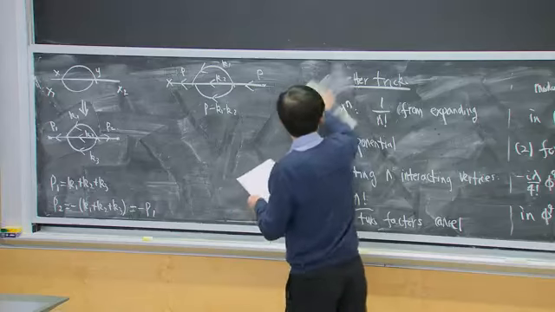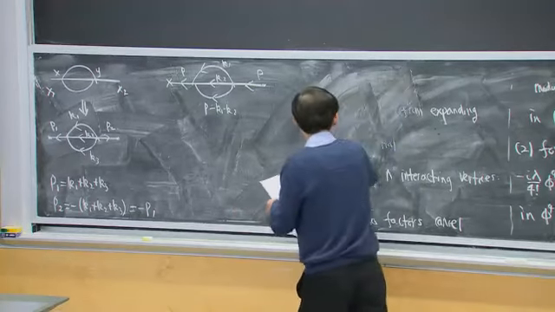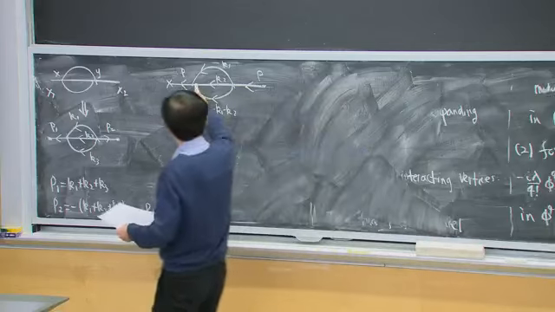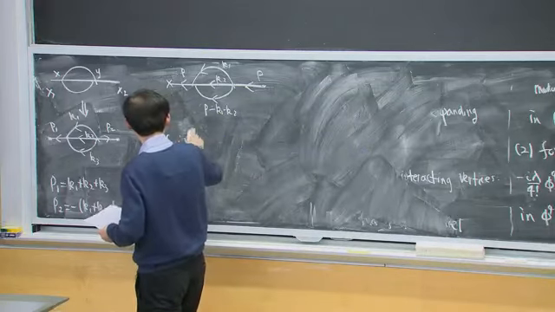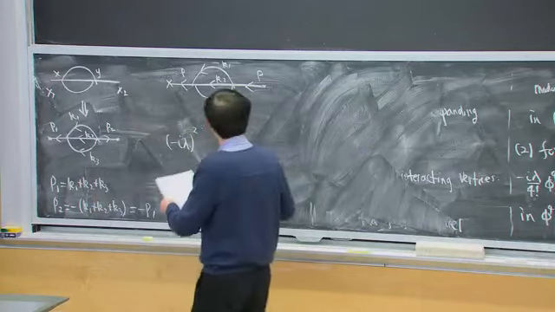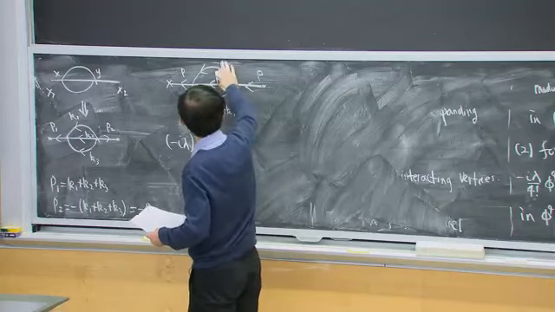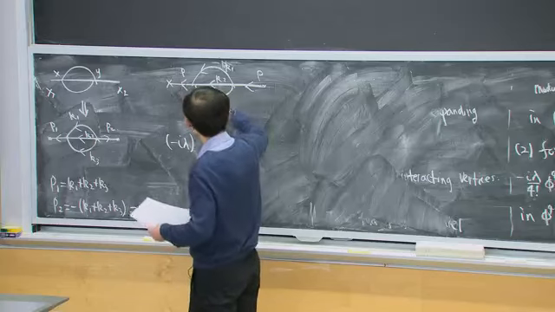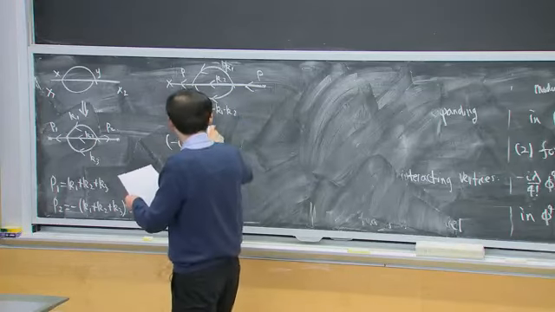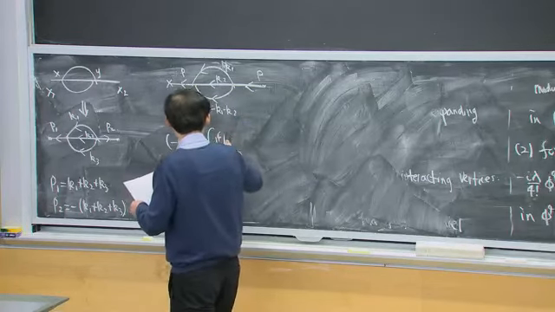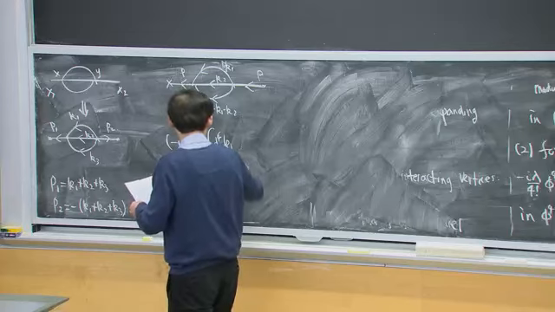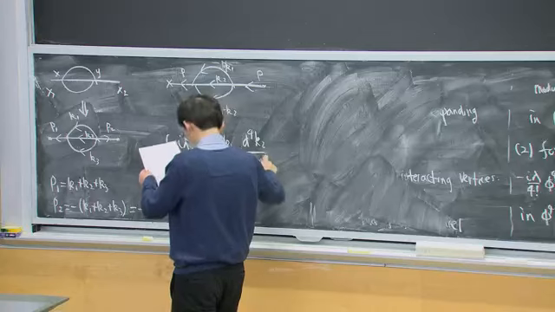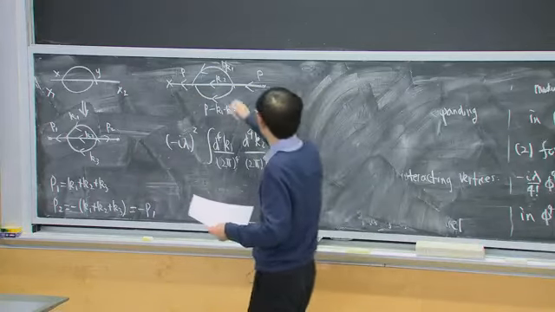Now you can write down the momentum space expression. We have minus i lambda for each of two vertices, so minus lambda squared. Then we have two undetermined momenta, k1 and k2, because this p, the external momentum, should be fixed. So we integrate over k1 and k2, and then we write down each propagator.